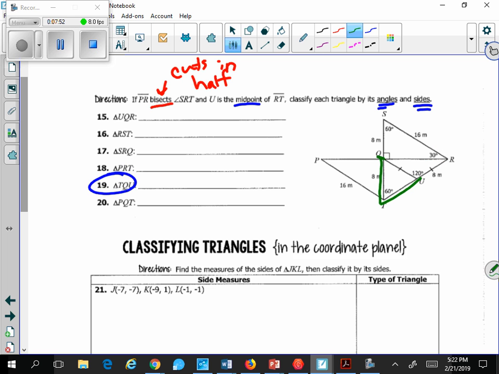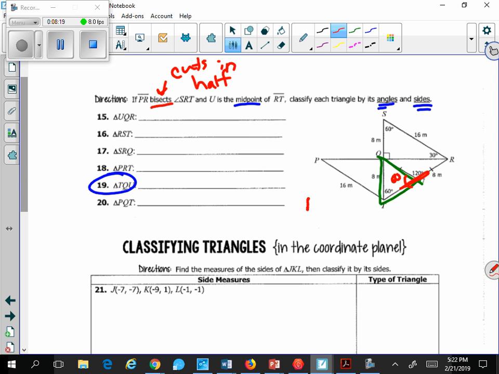In order to do this, you need to remember some of the other stuff that we know about lines, about triangles. One thing that I know about this angle is that it's supplementary with this one next to it. It's supplementary with that 120. So what that means is, if that's 120, that's 60.